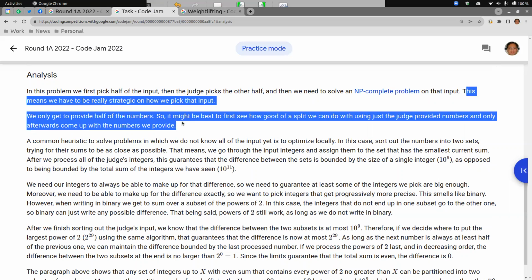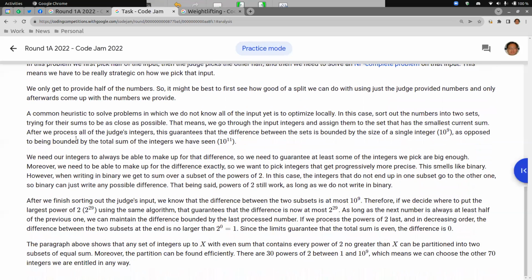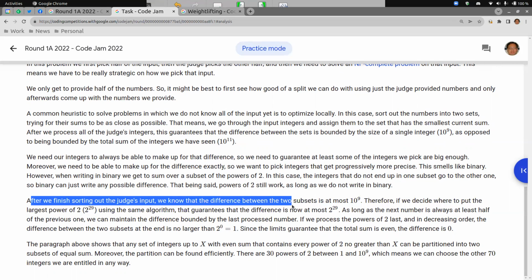This means that we have to be really strategic on how we pick the inputs. We only get to provide half our numbers, so it might be best to first see how good of a split we can do using just the judge's numbers, and only afterward come up with our numbers. So after we finish sorting out the judge's input, we know the difference between the two subsets is at most 10 to the 9.